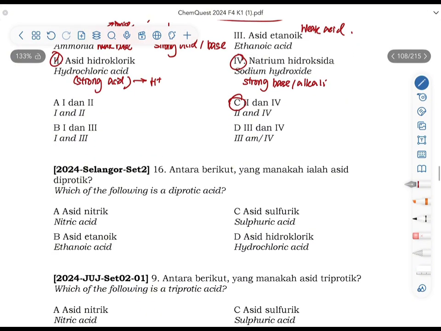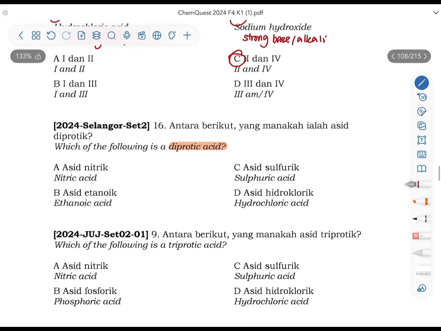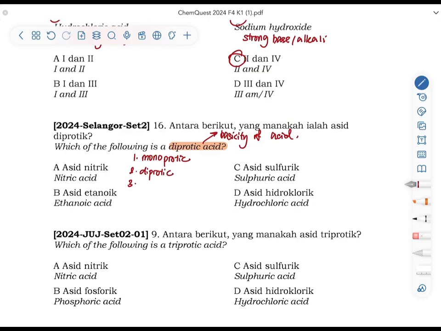Next, which of the following is a diprotic acid? For your information, this kind of question is asking you the basicity of acid. As we know, we have three types of basicity of acid: monoprotic acid, diprotic acid, and triprotic acid.